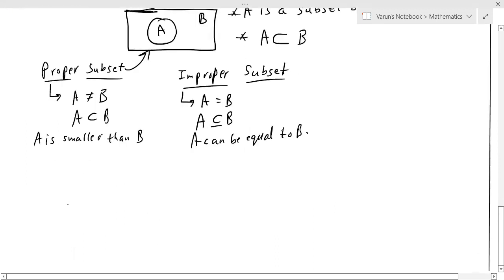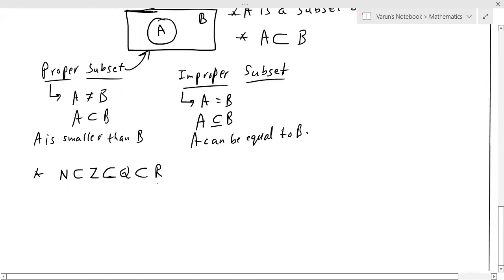So maybe you can just make a note of natural numbers are subsets of integers, which are subsets of rational numbers, and rational numbers are subsets of real numbers. So these are like the universal sets, right? I have not yet talked about universal set.